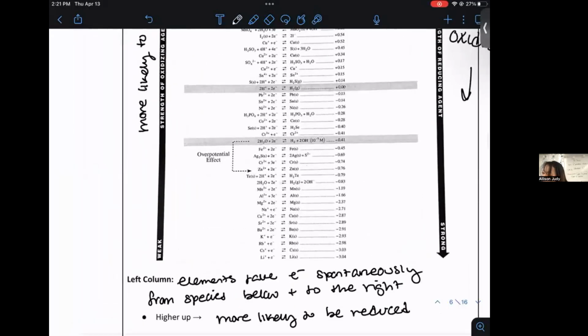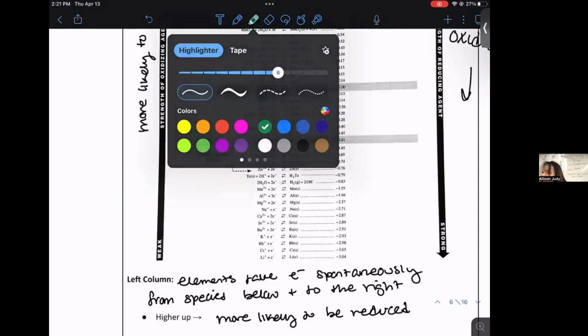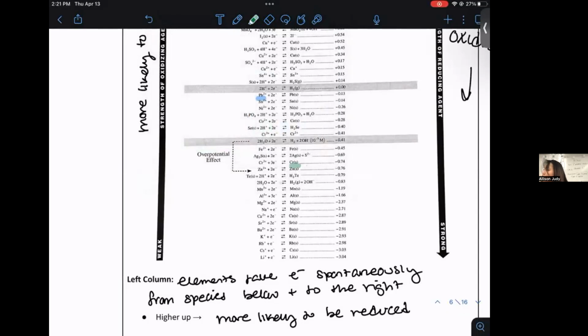And what I mean by an element that will take electrons spontaneously from the species below and to the right is that if I were to take lead 2 plus, lead 2 plus is going to spontaneously take electrons from chromium solid. It's spontaneously going to be reduced by chromium, and chromium itself is going to be oxidized.